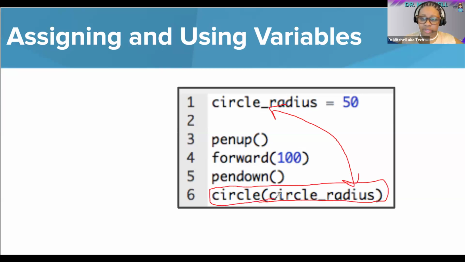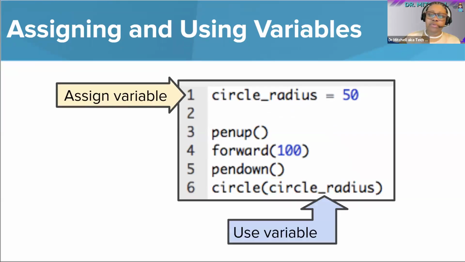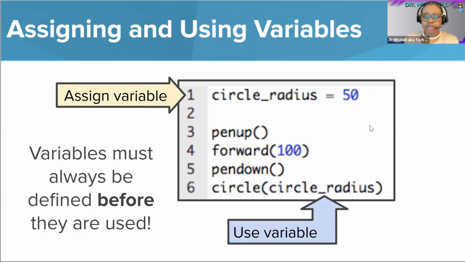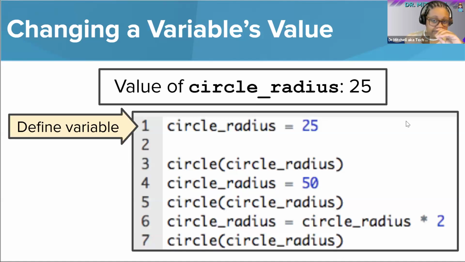And when we run this code, we should see that it will turn out to be 50. So again, it's assigning the variable, it used the variable, and variables must always be defined before they can be used or called upon.